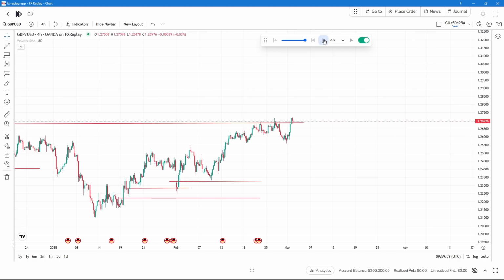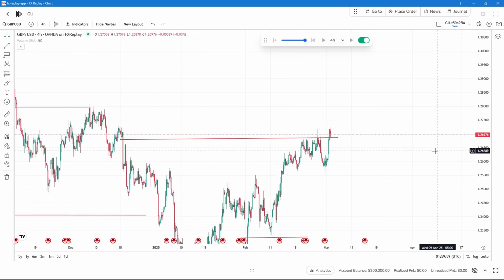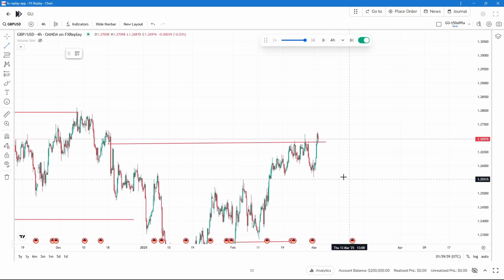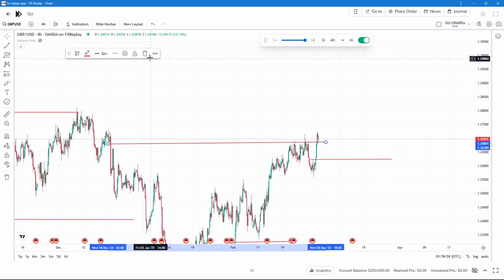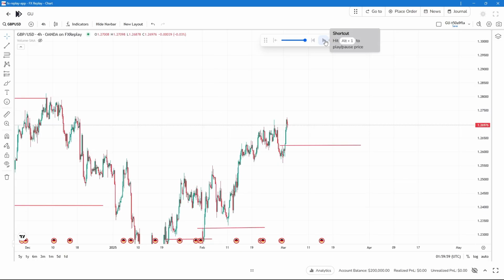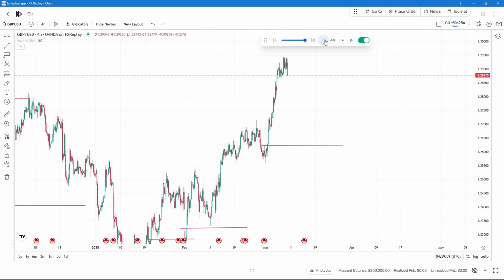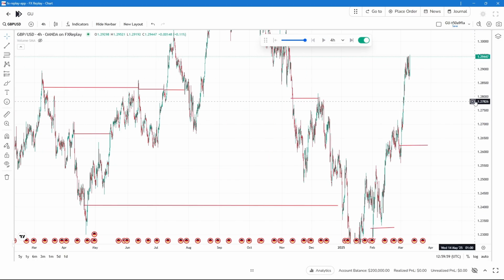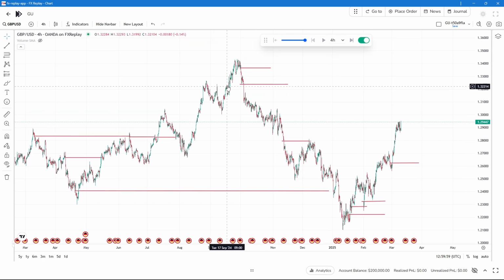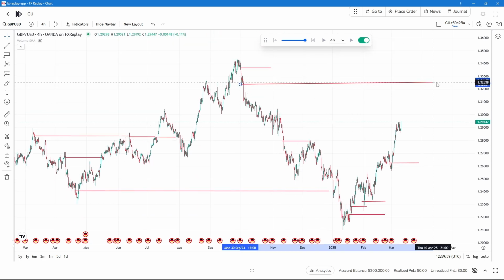Tag on this one. So we're definitely bullish again. I'll be very interested to see if we get a reaction of this here. But we are definitely coming to fill out all of this here now.